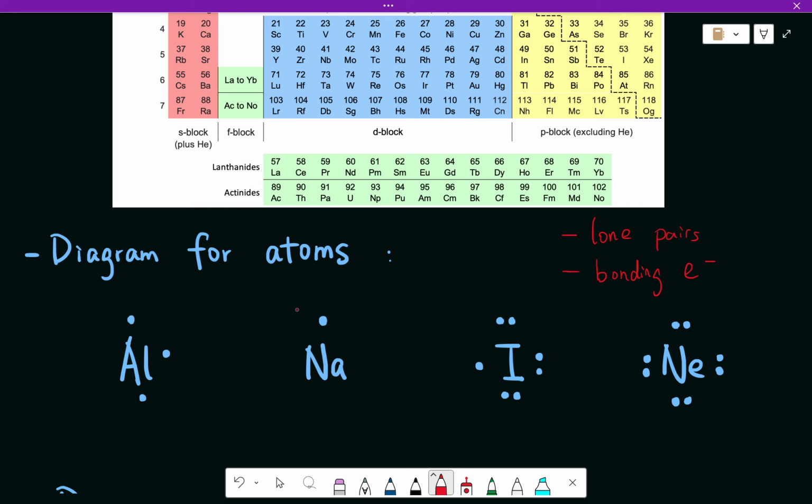If some electrons are alone like this, they're called bonding electrons and they will participate in the bonding process. Whereas a filled orbital which has two electrons is called a lone pair, which does not participate in the bonding process.